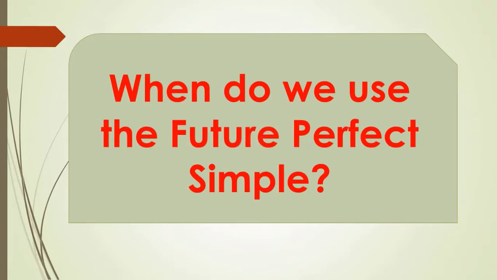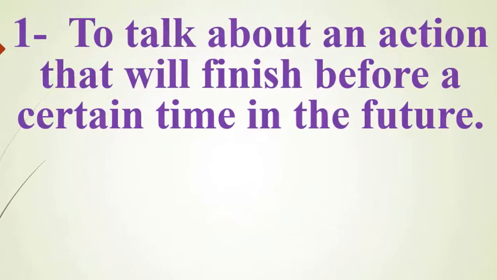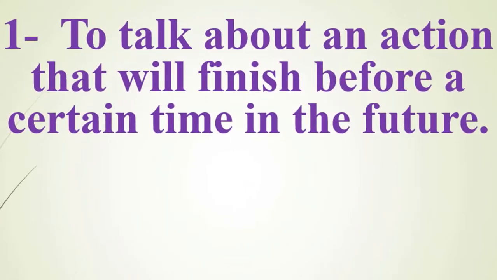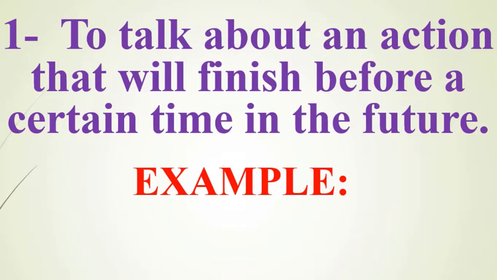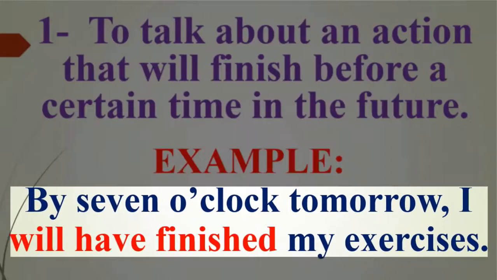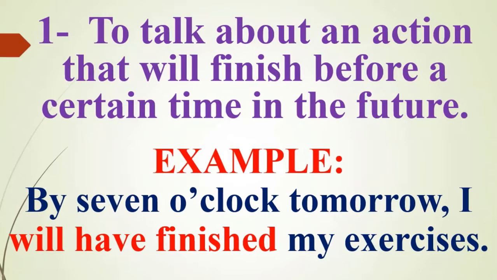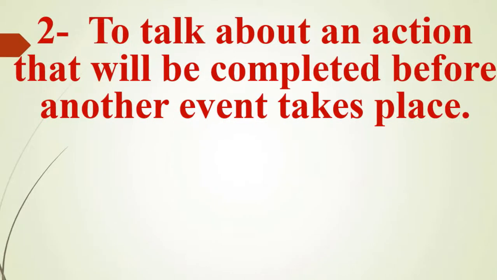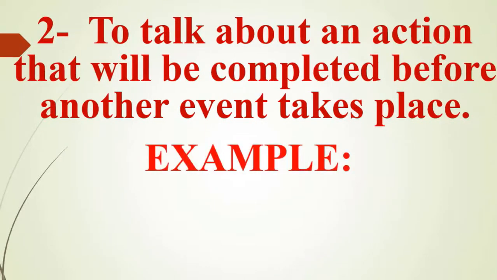When do we use the future perfect simple? One, to talk about an action that will finish before a certain time in the future. For example, by 7 o'clock tomorrow, I will have finished my exercises. Two, to talk about an action that will be completed before another event takes place.